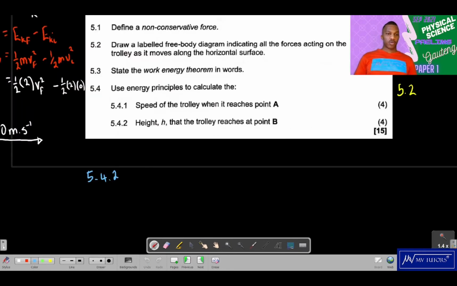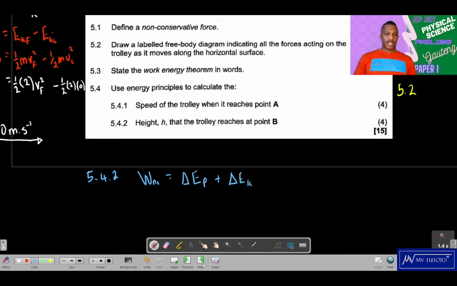So that was W, and we have a NC there, and then that was equal to a change in potential energy plus the change in kinetic energy.